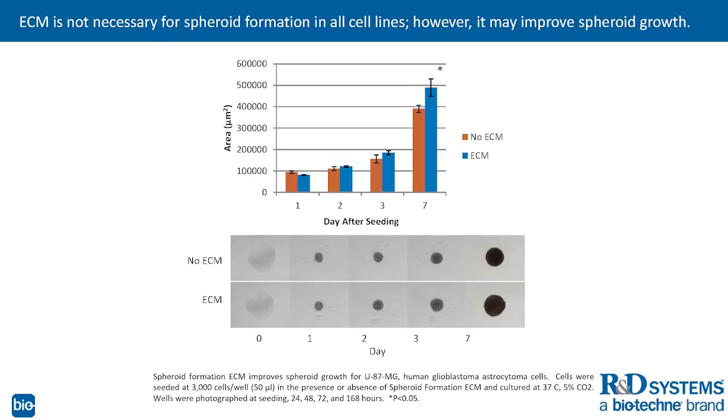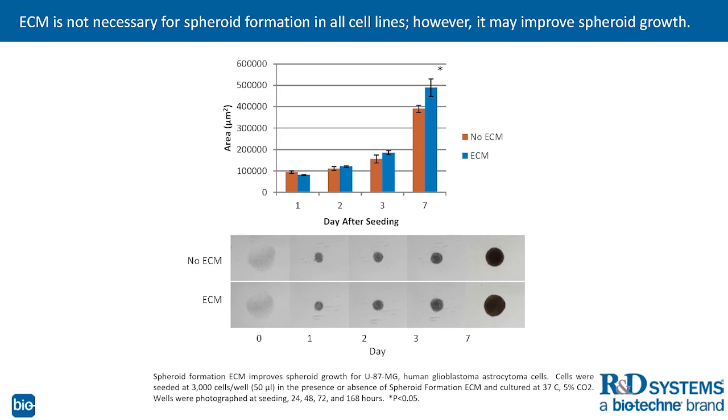All right, this next slide, we're looking at a cell line that does not require extracellular matrix for spheroid formation. So they spontaneously form spheroids. These are U87MG cells. As we can see in the pictures below the graphs, they do not need the ECM to form spheroids.